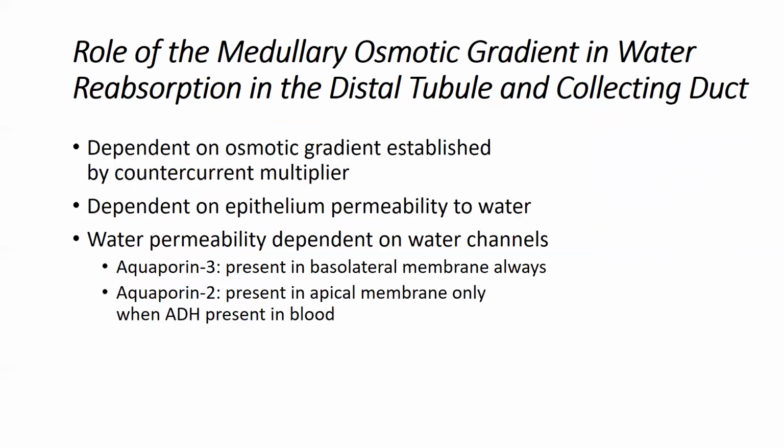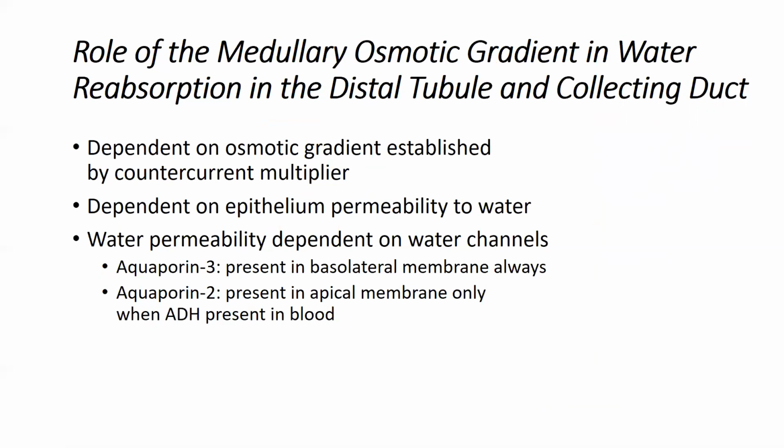So depending on your hydration status, whether you're well hydrated or not so well hydrated, the distal collecting duct, in the distal convoluted tubule will represent certain channels, which we call aquaporins. And these aquaporins are going to be inserted into the membrane of the tubule, and water will flow through these channels.